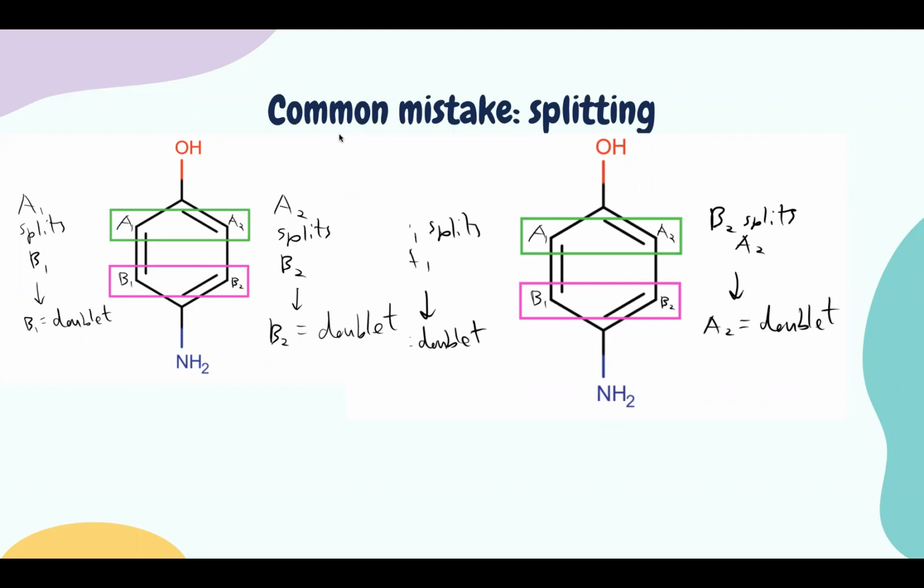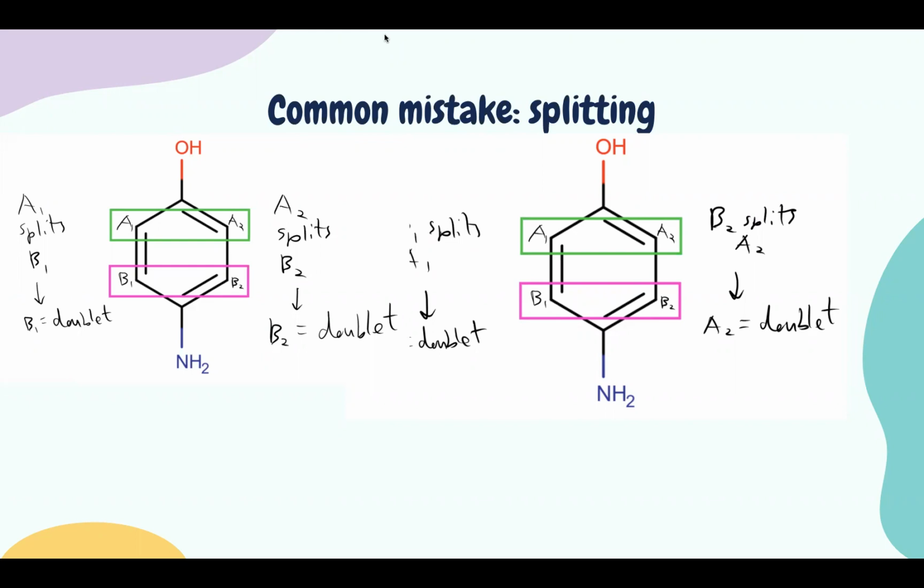So there's going to be two signals, each of them is a doublet, and that can be kind of deceptive initially because what's happening is you have two identical protons labeled A1 and A2, which are technically not on the same carbon, but they have the same exact environment.